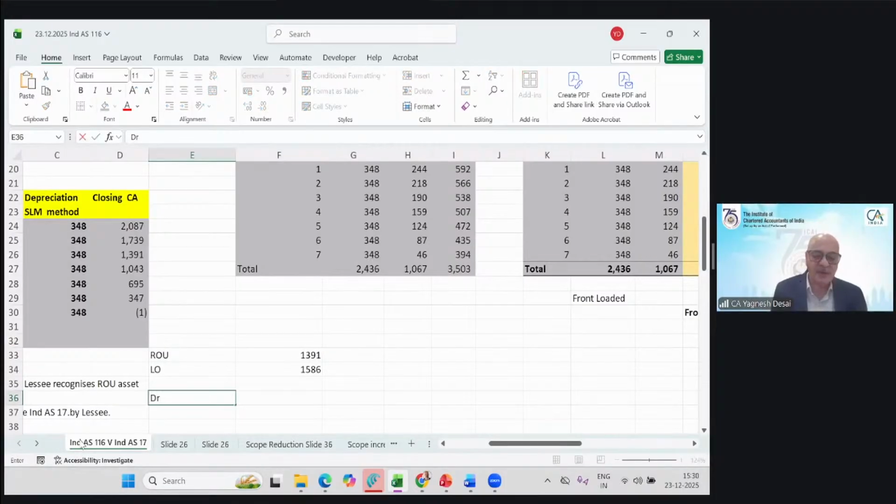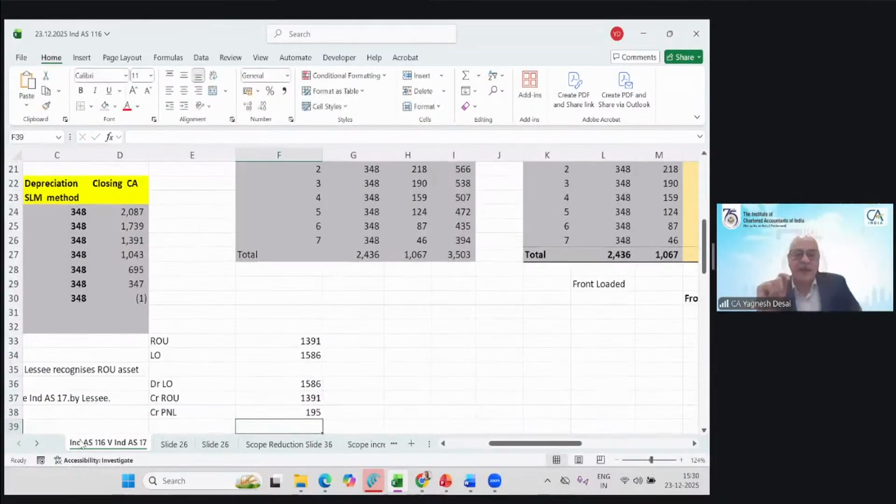I should first debit the lease obligation by 1,586. I should credit my ROU asset. And the difference is recognized in profit and loss account. 195 will be recognized in the profit and loss account because the lease is cancelled.